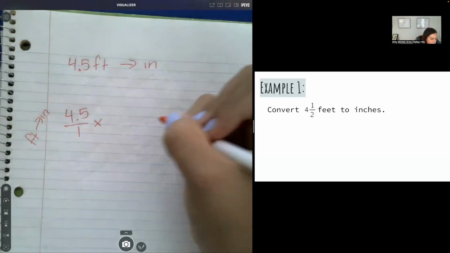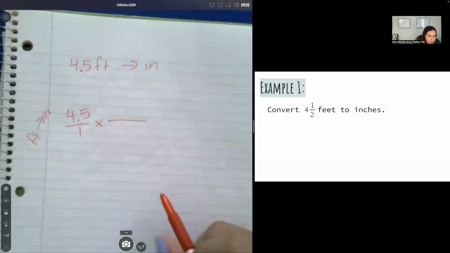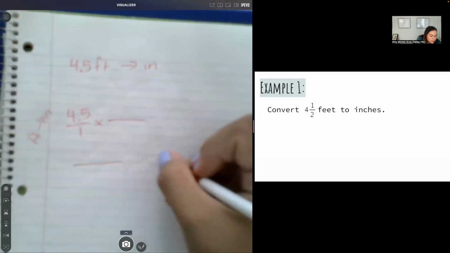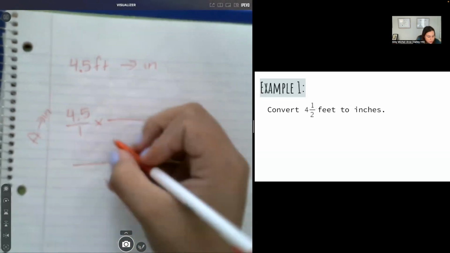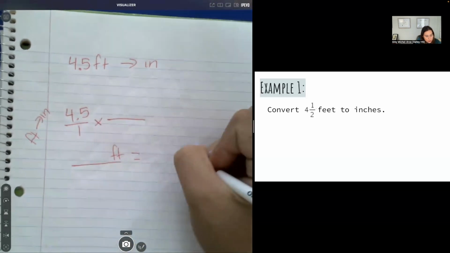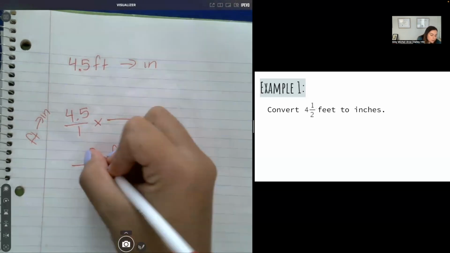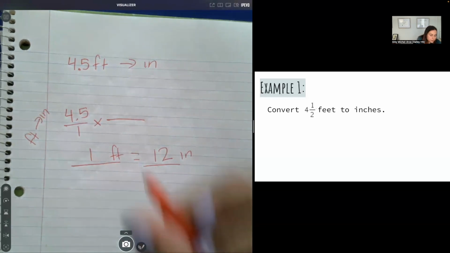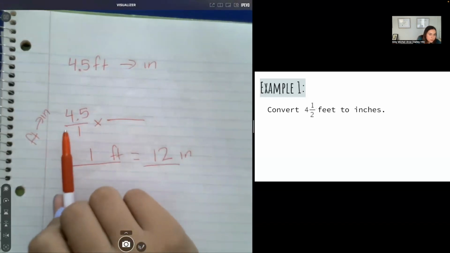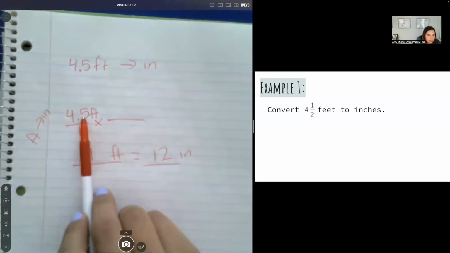Okay, so here we're going to use the conversion factor listed as a fraction. And that conversion factor is just going to relate these two, feet and inches. So you would just think to yourself, how many inches are in each foot? And that is 12 inches per foot. Now, the 4.5 that we got is measured in feet, and that is up here.